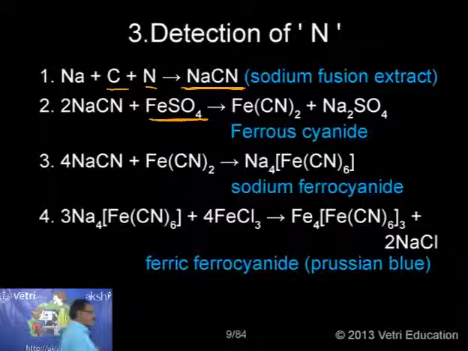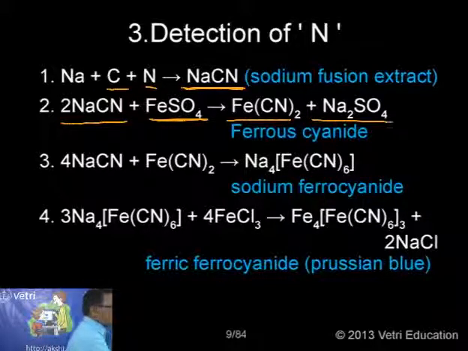In the second step, when you are heating the sodium fusion extract with ferrous sulfate, a double decomposition reaction takes place, and ferrous cyanide and sodium sulfate are formed. So ferrous cyanide is formed, Fe(CN)2.